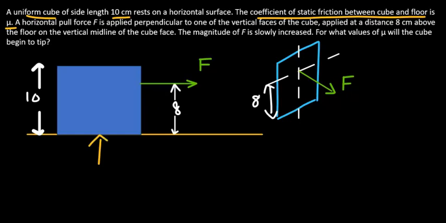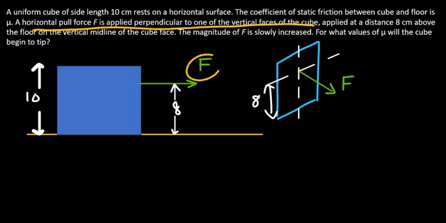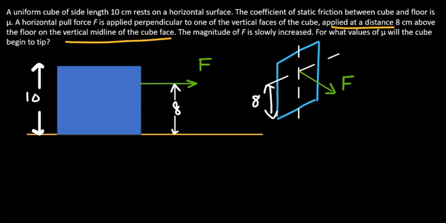A horizontal pull force F is applied perpendicular to one of the vertical faces of the cube, as indicated here, and it is applied at a distance of 8 centimeters above the floor. And it is also applied on the vertical midline of the cube face.